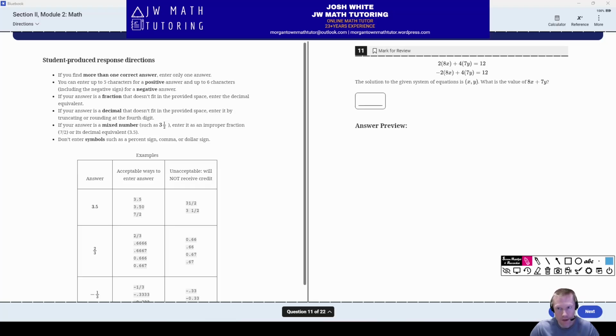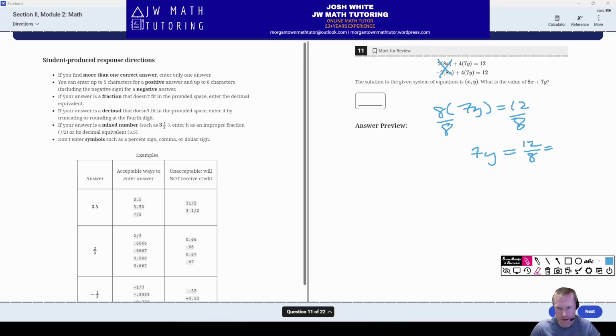So if you notice, when you add these two together, just as they're written, the 8x terms have opposite coefficients, so they will cancel out, and you would get 4 plus 4 is 8 times 7y equals 12, and then you divide by 8, and you get 7y equals 12 over 8. And you don't need to go any further because notice they're asking for 8x plus 7y. So this you could just reduce.